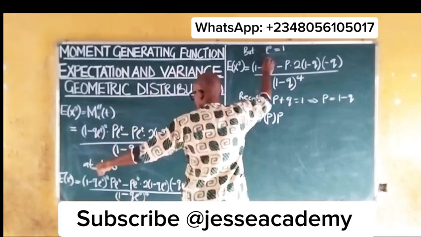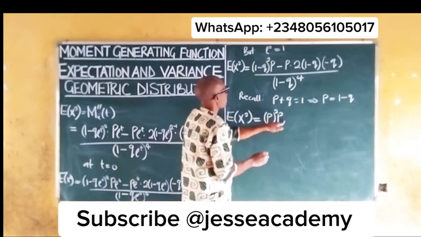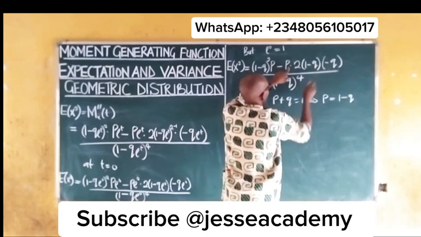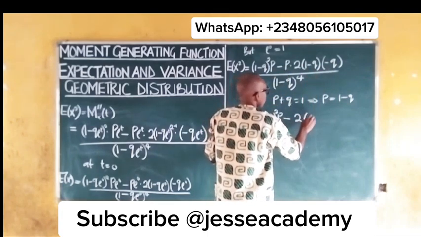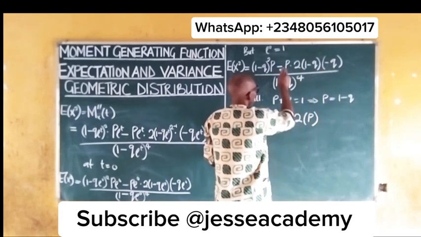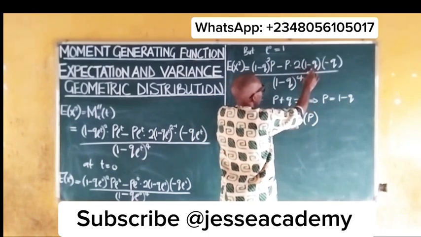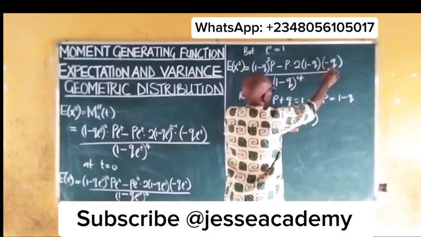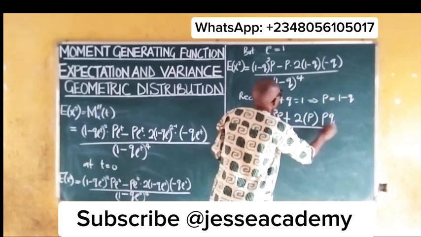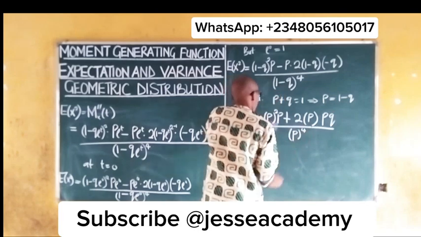1 minus Q squared, 1 minus Q is P squared multiplied by P minus 2P into this, multiplied by this, because of this negative sign here turns to positive, and this gives us 2P into P multiplied by Q into PQ, all over P raised to the power of 4.